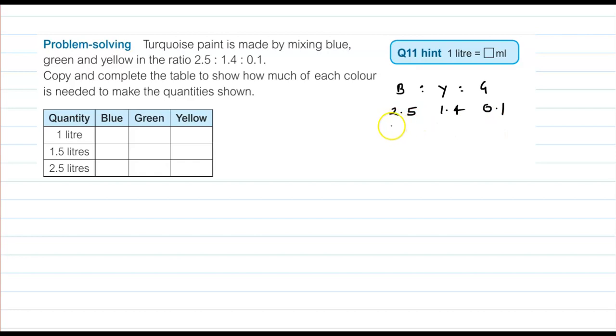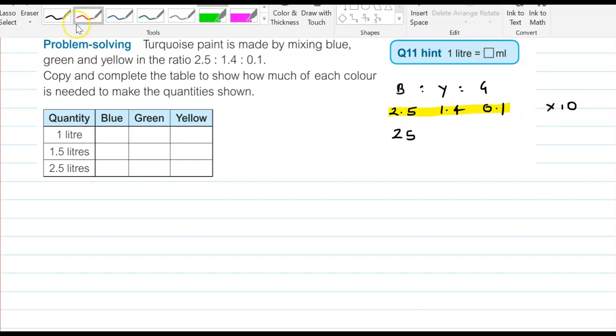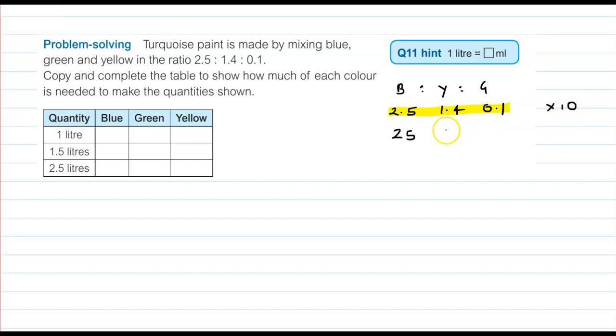So if you times by 10, the whole thing times by 10, it will be 25, it will be 14 and it will be 1.